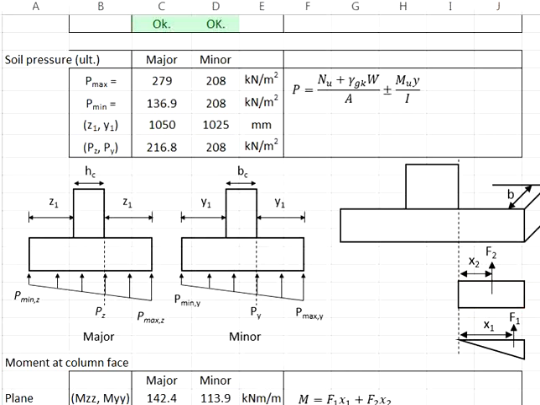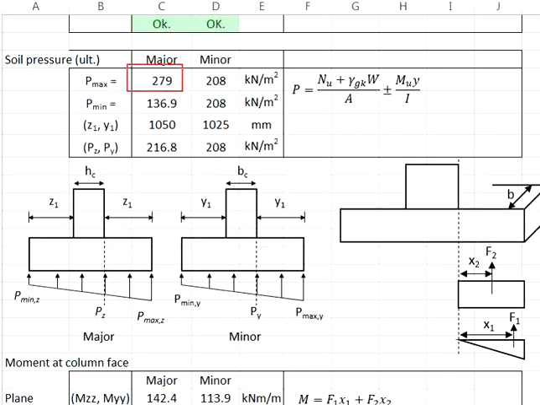And then you need to determine the resultant force due to the triangle stress. First, find the area of the triangle. You have the width, which is equal to Z1. You need the height of the triangle. This is calculated based on the difference between P max Z and the PZ.